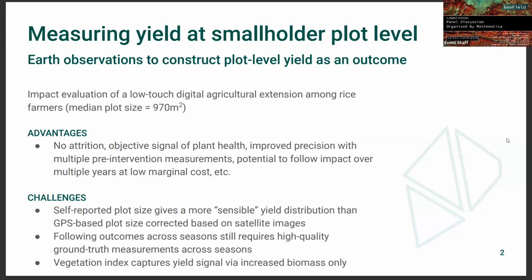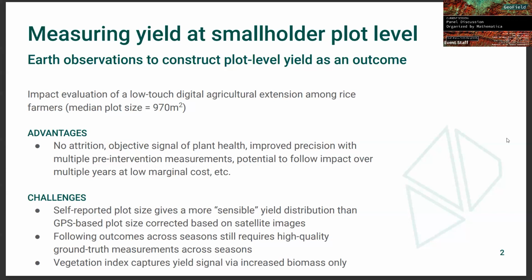It might have something to do with the fact that, sometimes farmers change actually the proportion of the plot they use for rice cultivation from season to season. So that's one example. And then second, maybe I'll talk about the vegetation index. I think this came up in the previous session as well.